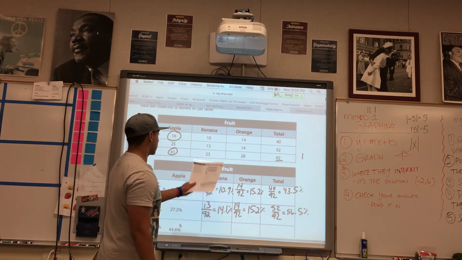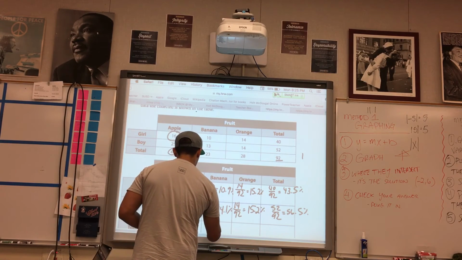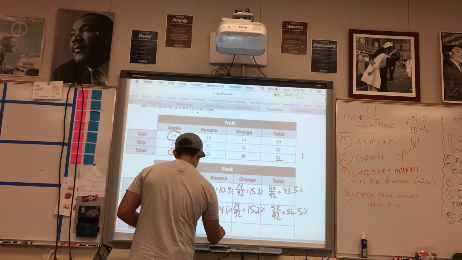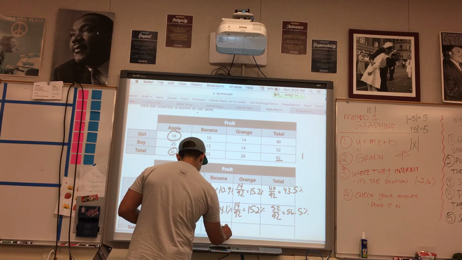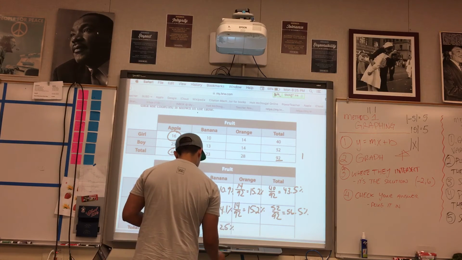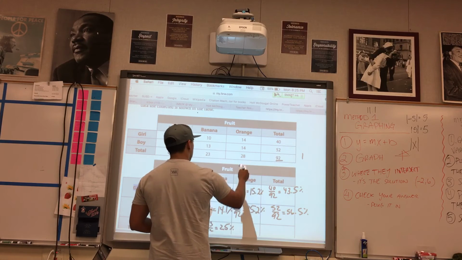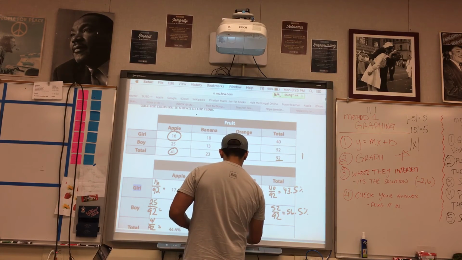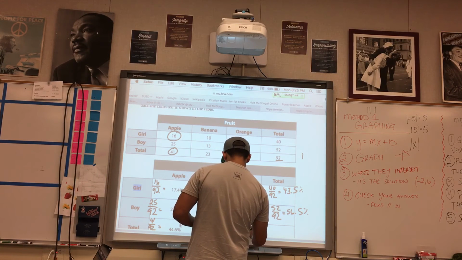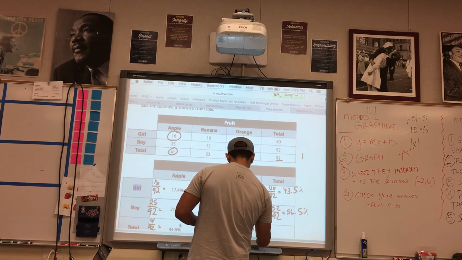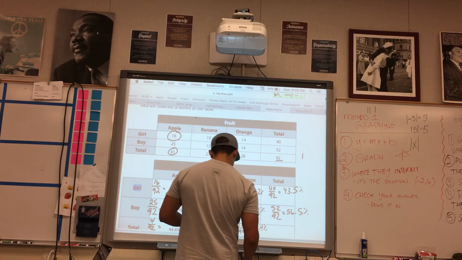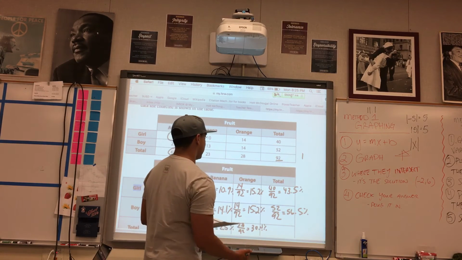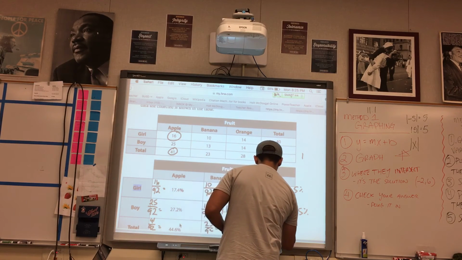Total number of people who selected bananas, 23 divided by 92 equals 25%. Total number of people who selected orange between the girls and the boys is 28 divided by 92 equals 30.4%. And the total number of people is 92 divided by 92.